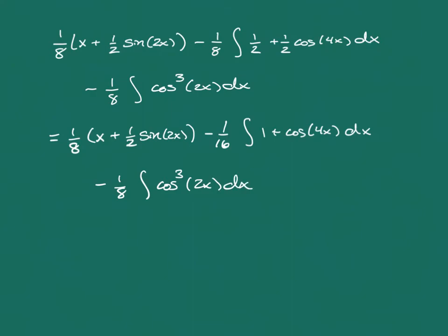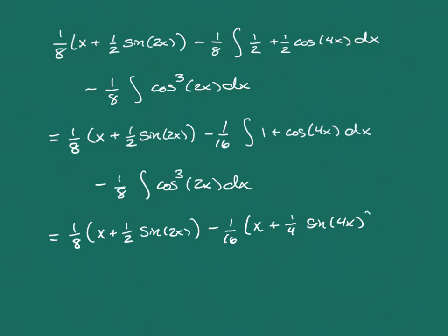So for the second integral, we can integrate that one. So now that one becomes easy to do. So we've got a 1/8 x plus 1/2 sine of 2x from our first one, minus a 1/16 x plus a 1/4 sine of 4x.